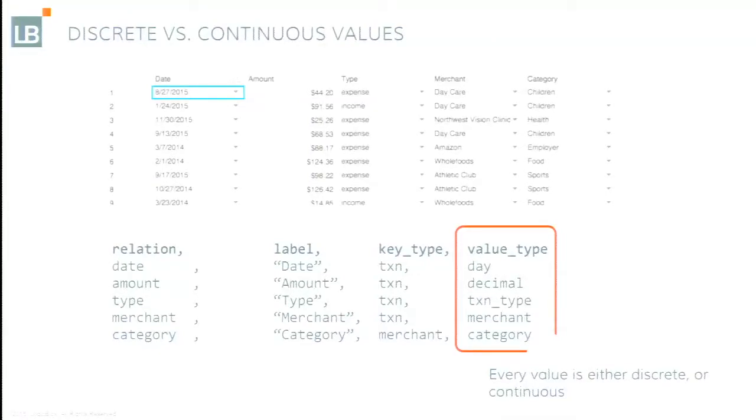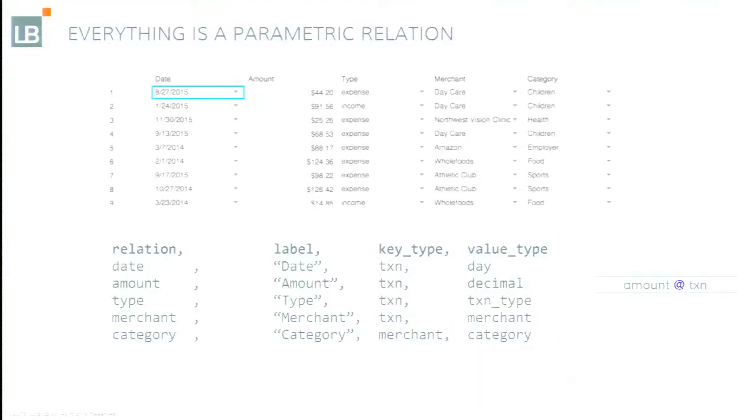Putting the 6th normal form and relations with discrete value types together is what brings us to parametric relations. What do we mean? Amount that I declared here is not just one relation. It's actually a whole family of relations. This definition gives me the base relation, which is amount parameterized with a key type transaction.